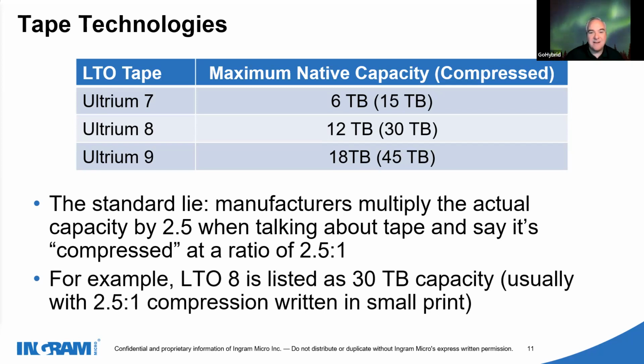And as I mentioned, usually somewhere in small print on the Ultrium products, they will list that Ultrium 9 is 45 terabytes, but in small print, it'll say something like 18 terabytes native capacity, 45 terabytes with 2.5 to 1 compression rate. If you search the specifications on the Ultrium drive enough, you'll find those notes.